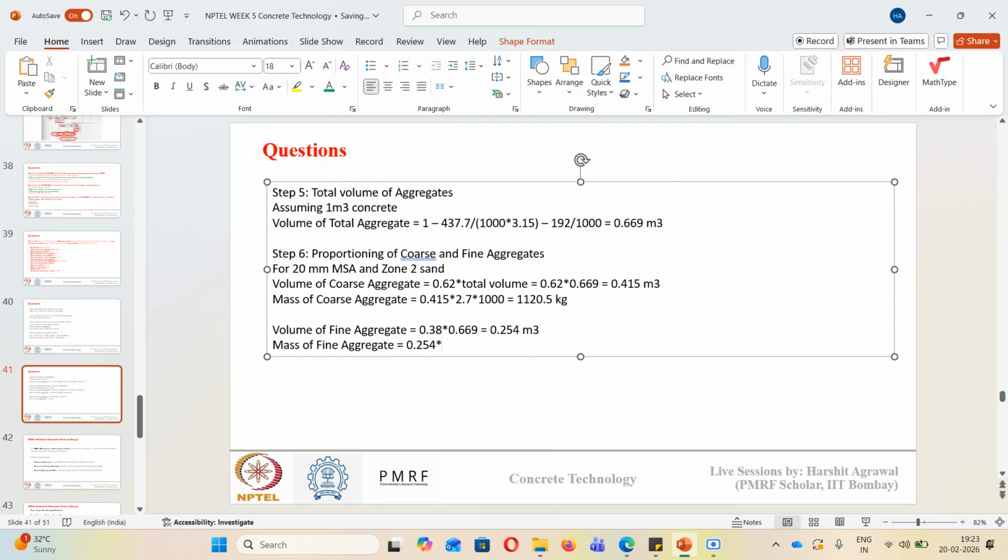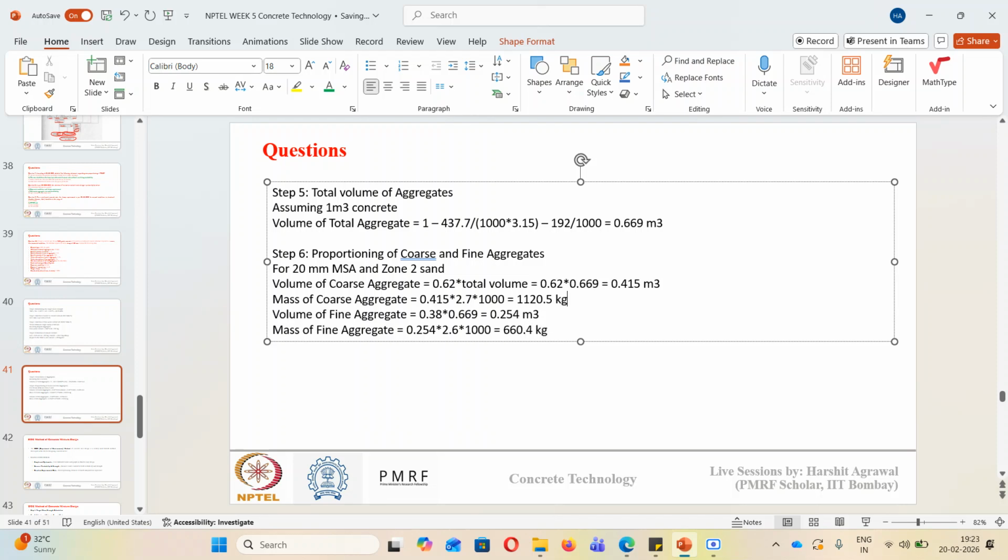Density is specific gravity into 1000, 2.6 into 1000, so it will be 660.4 kg. So we have determined the volume of coarse aggregate and volume of fine aggregate. We know the volume of cement and we know the volume of water that we need to add per meter cube of concrete.